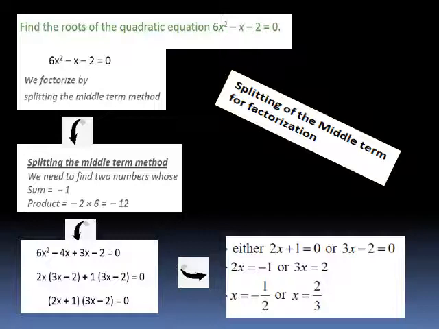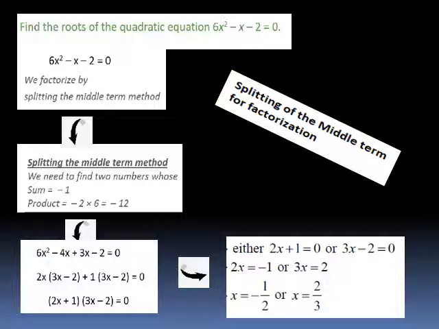In order to split up the middle term, I have to find two numbers such that the sum is -1, which is b, and the product is a into c, that is -2 into 6, which is -12. Are you able to get two numbers whose sum is -1 and the product is -12? Very good, the numbers are -4 and 3.